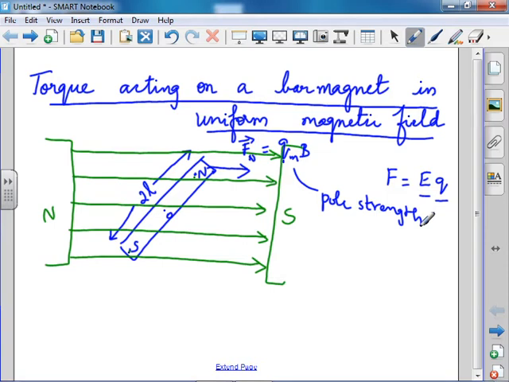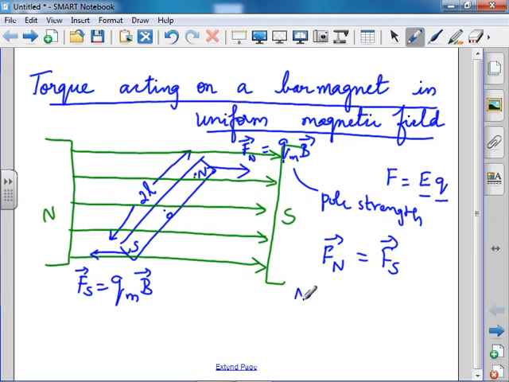Whereas the south pole experiences a force in the opposite direction and its magnitude is also similar to that of the north pole. So two forces are acting in the opposite direction. The net force is 0 because Fn is equal to Fs. Therefore, net force is equal to 0.